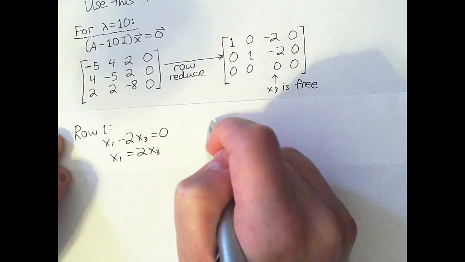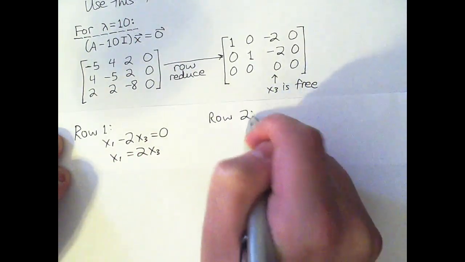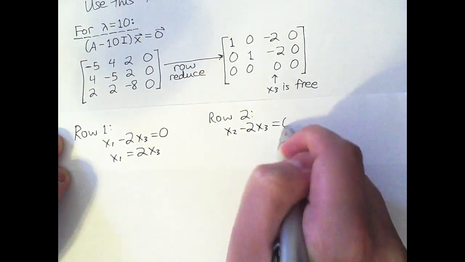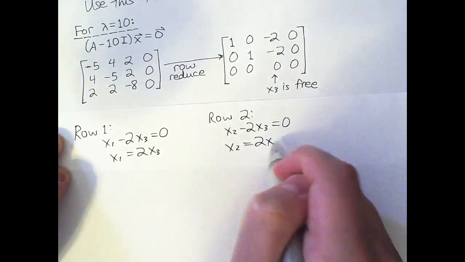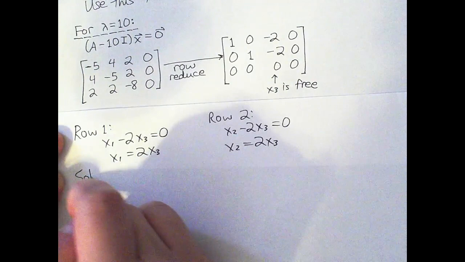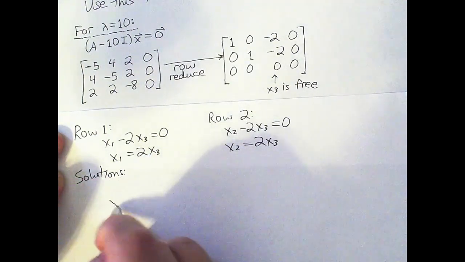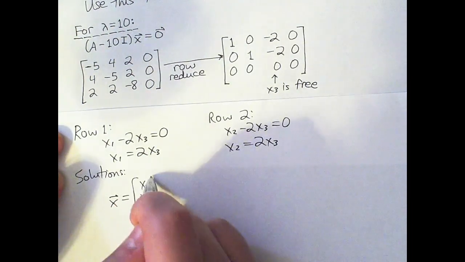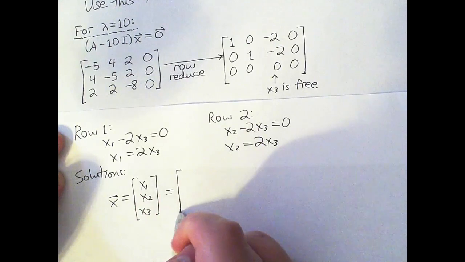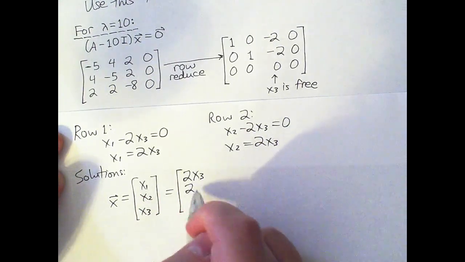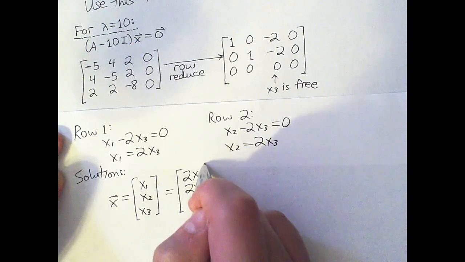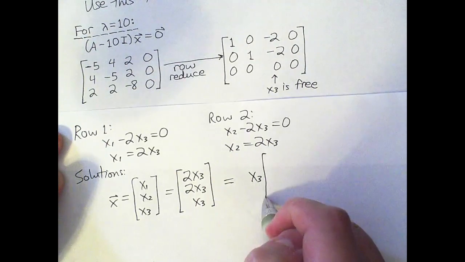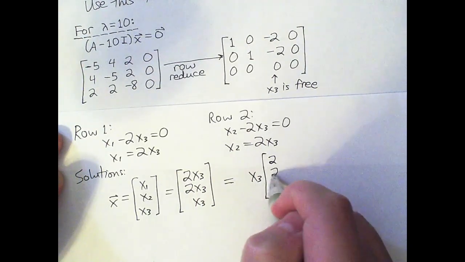That's a basic variable written in terms of a free variable. What does row 2 tell us? It says x2 minus 2x3 equals 0, so x2 equals 2x3. So the solutions to this system in parametric vector form: x is x1, x2, x3, which we just found can be written as 2x3, 2x3, x3. So we would pull out the free variable x3, and then that's going to make this 2, 2, 1.